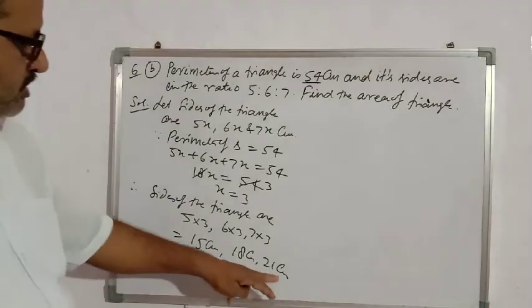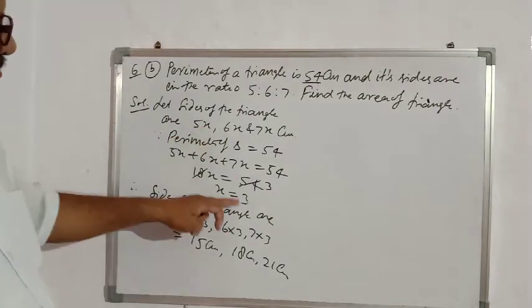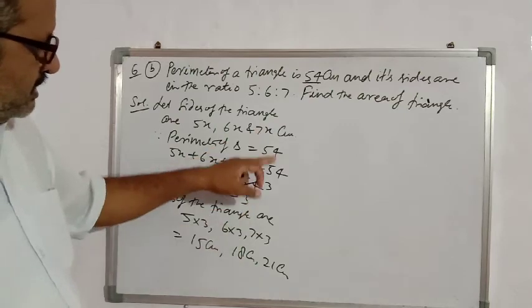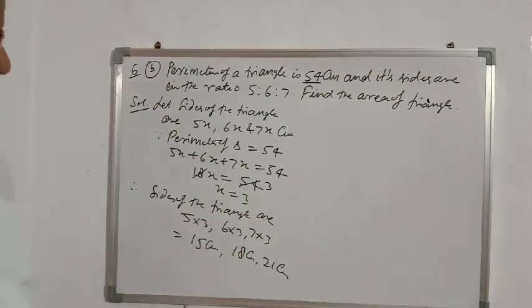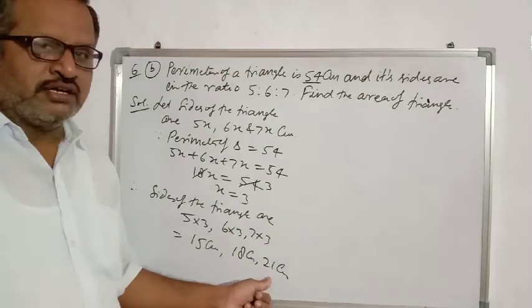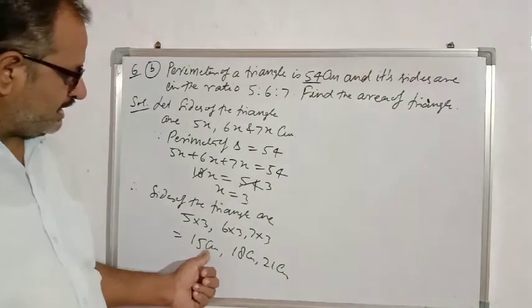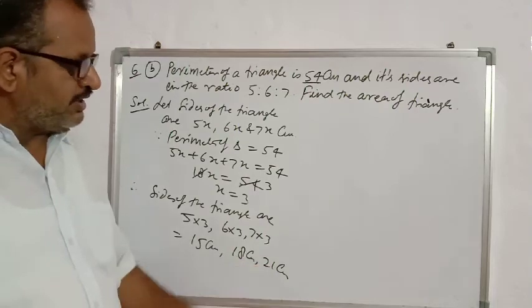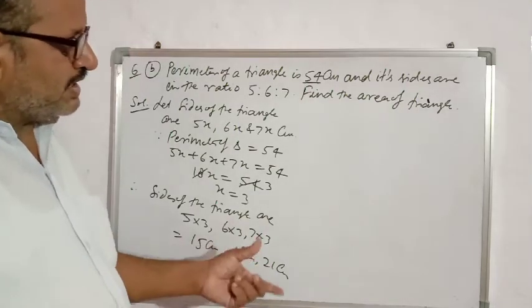So these are the sides of the triangle. So all the three sides of the triangle are known. One side is 15, next side 18, third side 21.